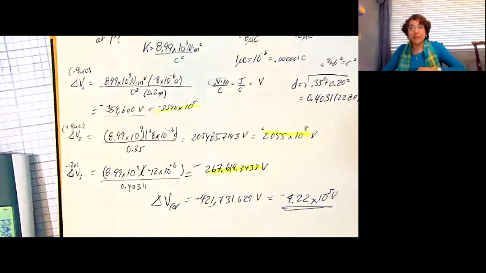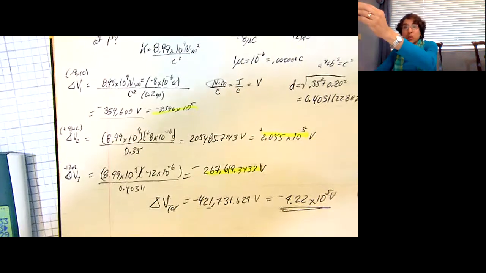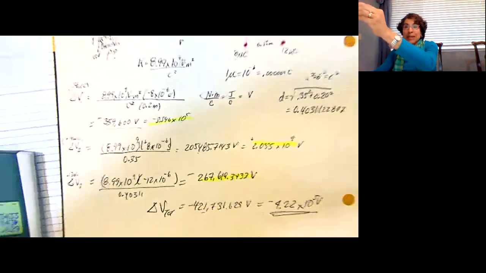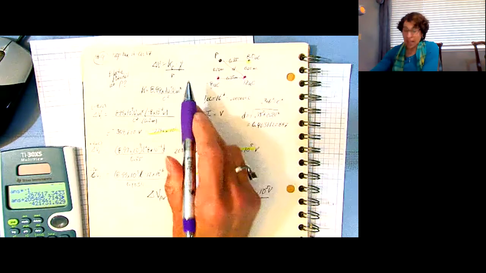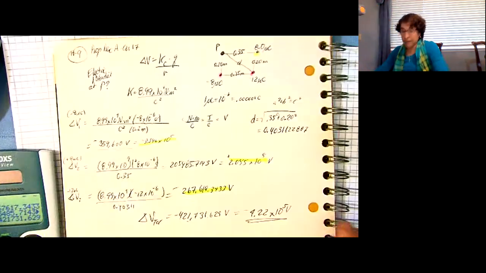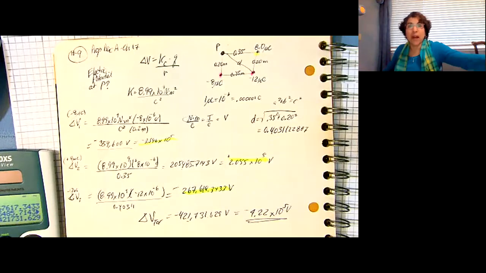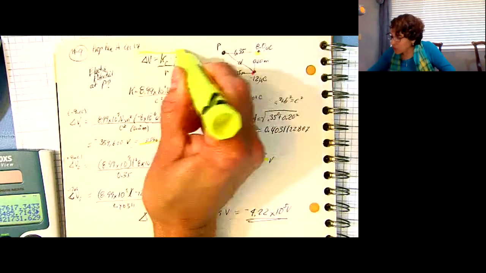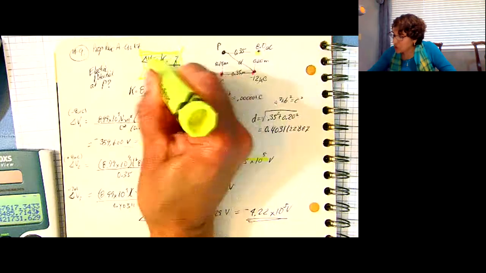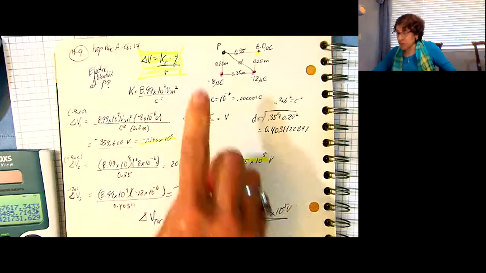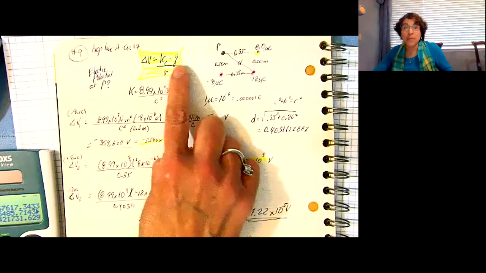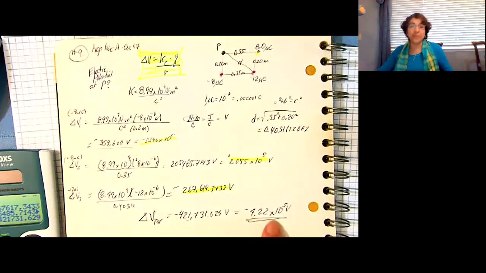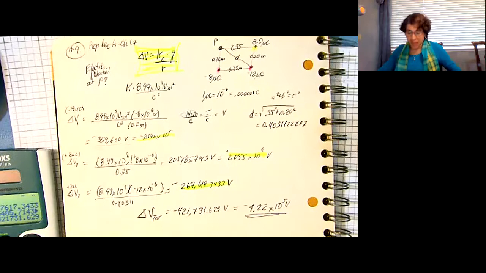This is called superposition, where we had to take each of the charges into consideration and use this equation: the change in potential is just the product of the Coulomb constant times the charge, in coulombs, divided by the distance. And that's it.